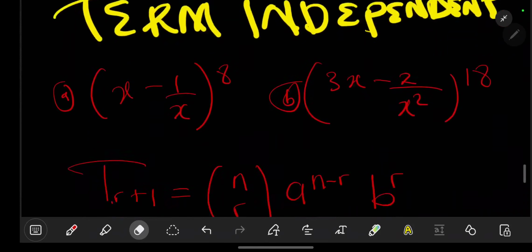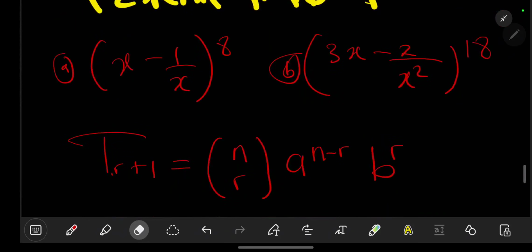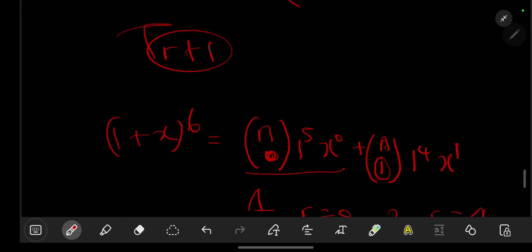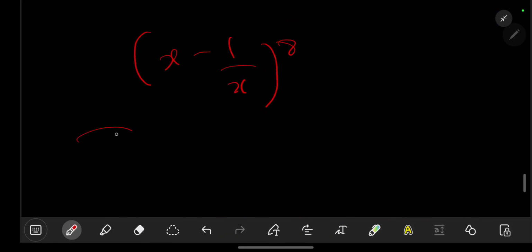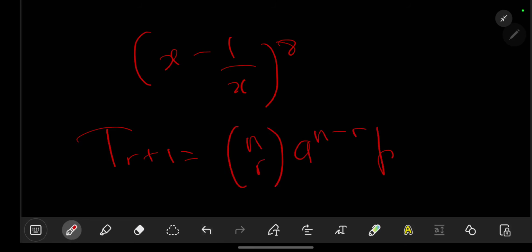So with that said, let's deal with this. If we have our (x - 1/x)^8, if I'm not mistaken, using the formula T_(r+1) should be equal to n combination r, a^(n-r), b^r.